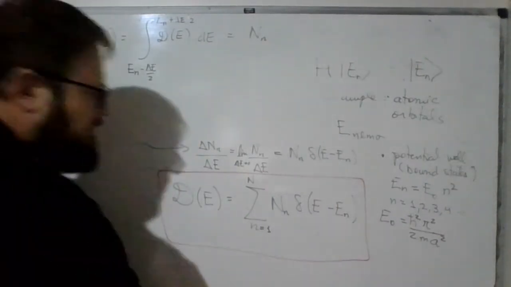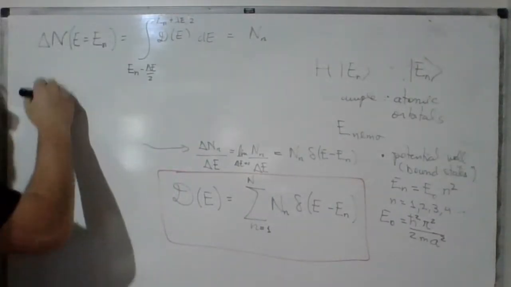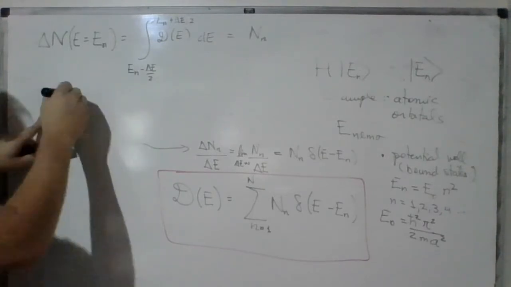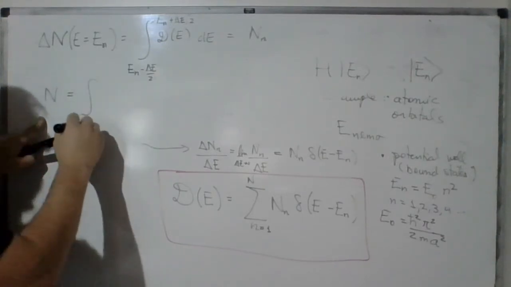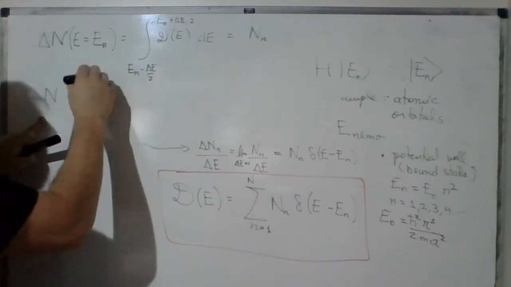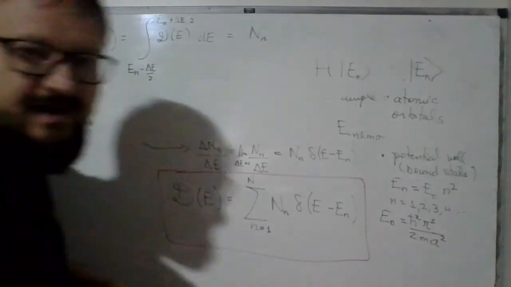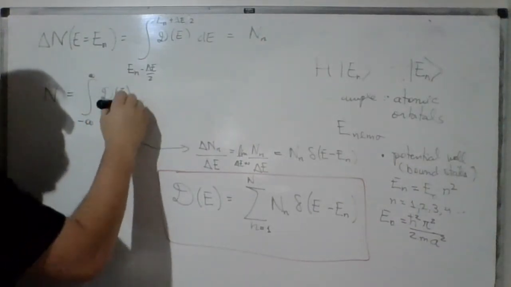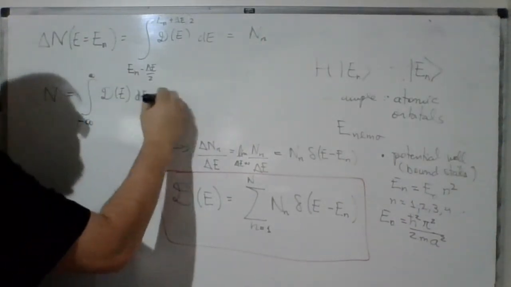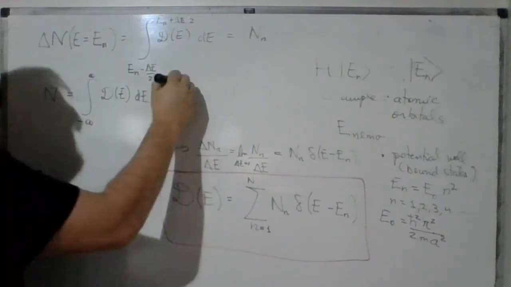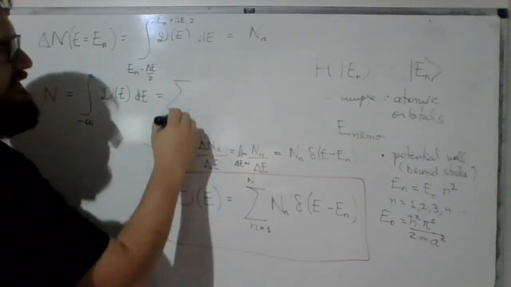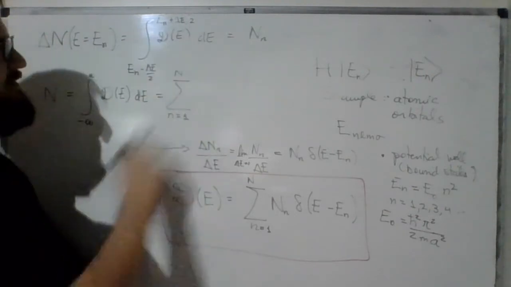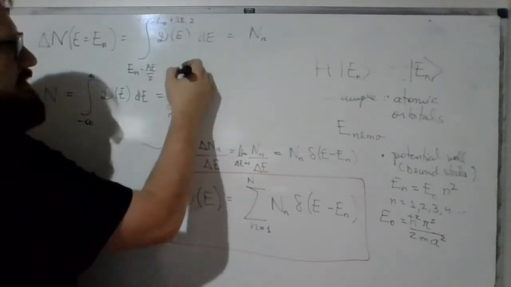If you want to calculate all the allowed states, all the possible states allowed, you need to integrate from minus infinity to infinity. Perhaps you have negative energies of the density of states, and you will find a summation from 1 to a capital N, a total N here.